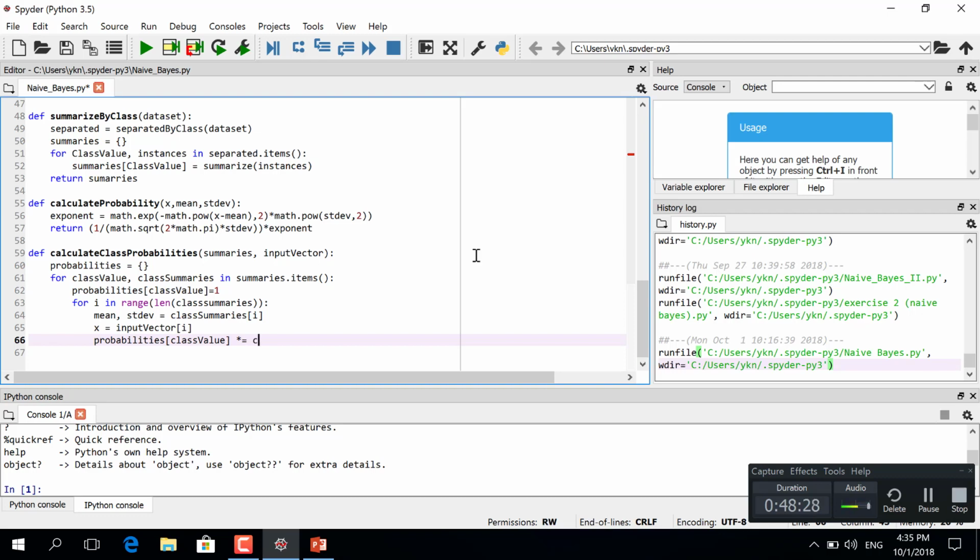So here we have calculate probability, with x, mean, and STDEV (standard deviation), which returns the values of the probabilities.